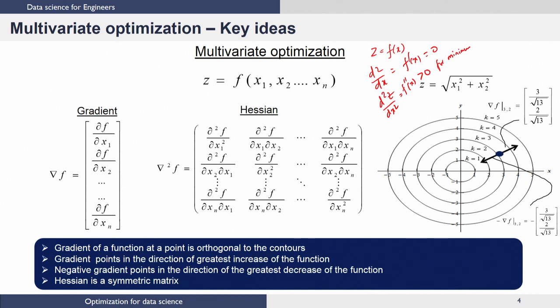The derivative in a single dimensional case becomes what we call a gradient in the multivariate case. In this case we have dz dx or df dx. However, since there are many variables, we have many partial derivatives, and the gradient of the function f is a vector such that in each component I compute the derivative of the function with respect to the corresponding variable.